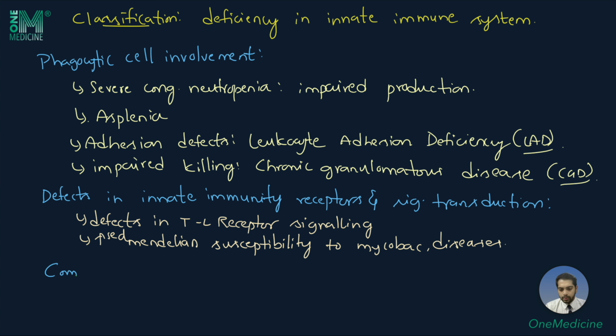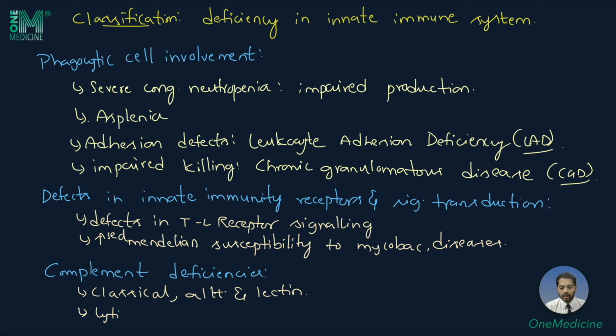There can be complement deficiencies, and these can affect the classical, alternate, and even lectin pathways. This can also affect the lytic phase.